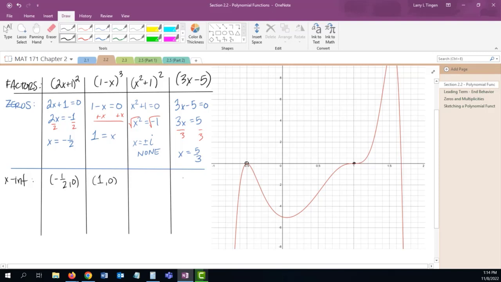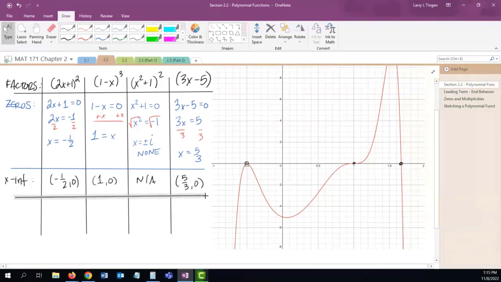There's the 1. This one, not applicable because this one does not have a real 0. And then lastly, 5/3, 0. And there it sits. Okay. So finding those zeros lets me find my x-intercepts.